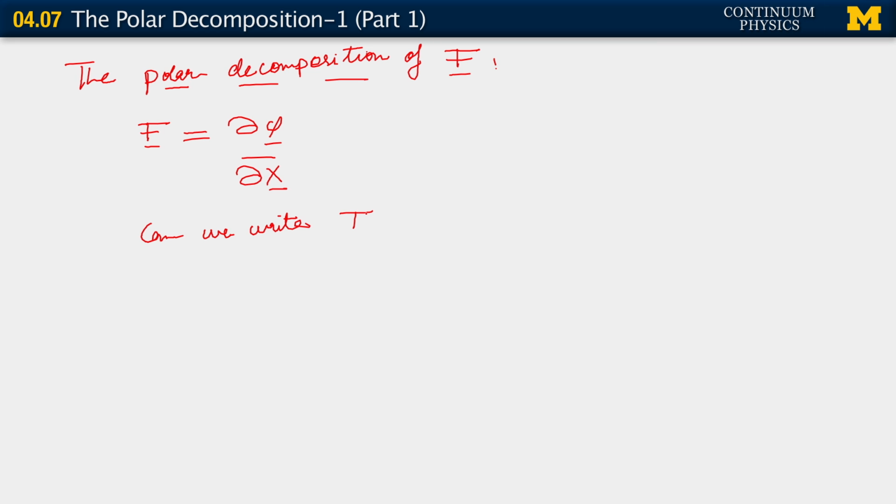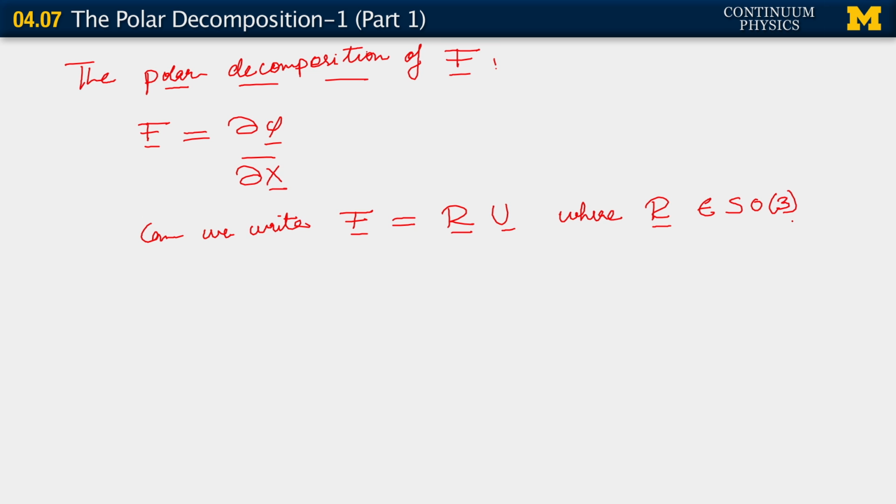F as the product of a tensor R and another tensor U, where R is a rotation tensor? Mathematically, that means R belongs to the space that we introduced a few segments ago called SO3.